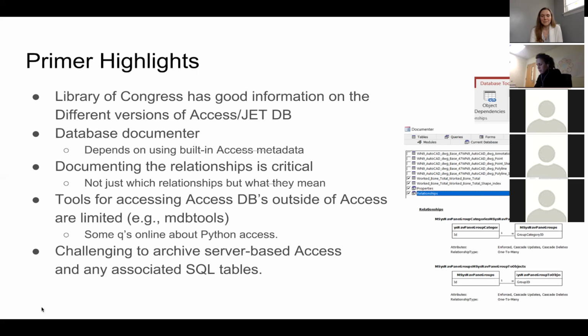Of course, the level of usefulness depends on whether the researchers themselves have made use of the built-in Access metadata fields, such as descriptions of tables and descriptions of the columns themselves. If they haven't made use of that, a lot of that information is going to be empty. But at least it's a good way to get a really quick overview of what's in the database.